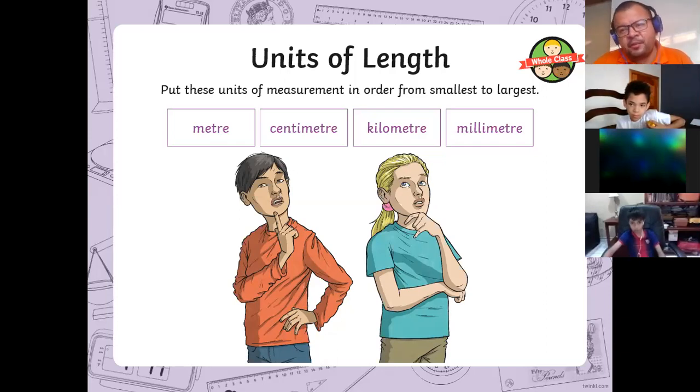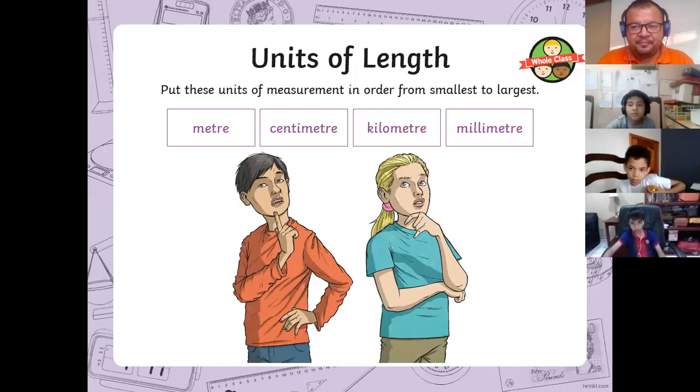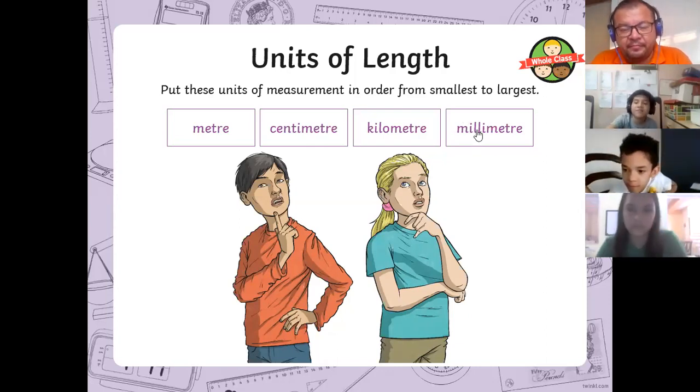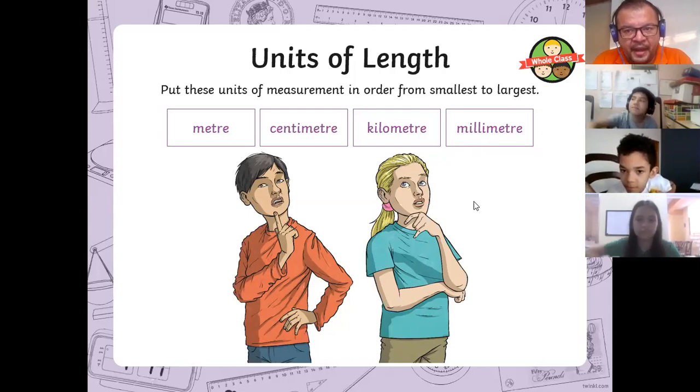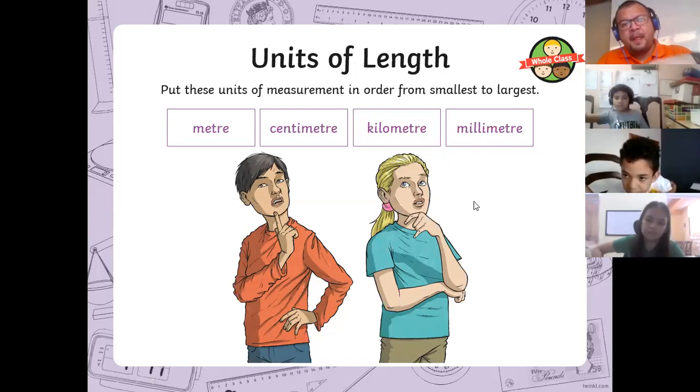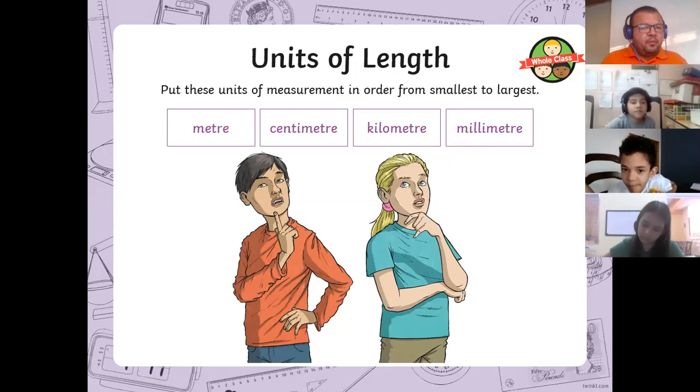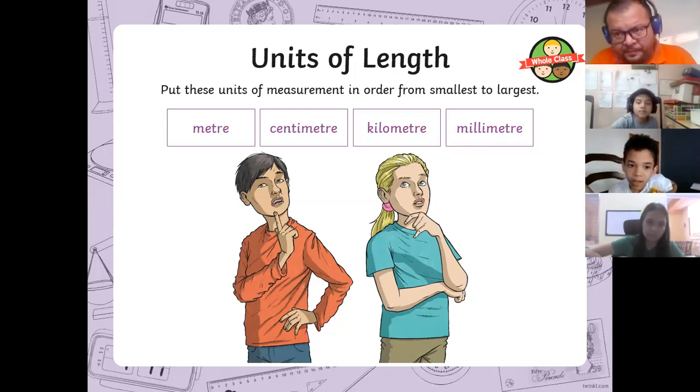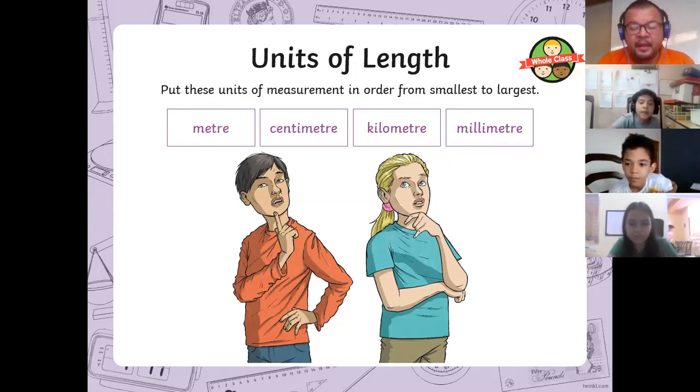Millimeter. Exactly. Millimeter is the smallest. Then what is the next one? Centimeter. Very good. What is the next one? Meter.